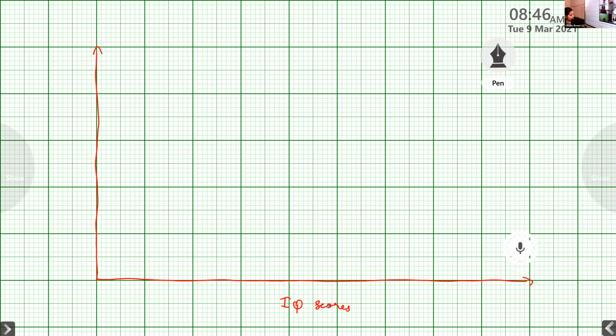I think she's having some network issue. Okay, Aishwarya, continue. Read that sentence once more. The frequency distribution for the IQ scores tend to approximate a bell-shaped curve called the normal curve. Underline that. That's very important.